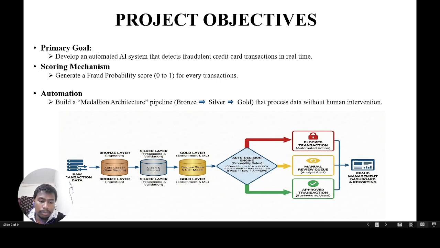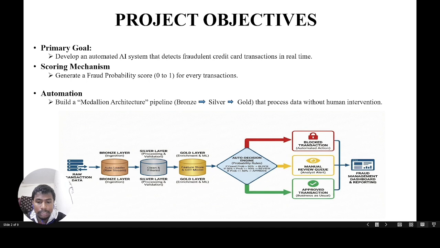The probability score also classifies the transactions into three categories. The first is blocked transactions, the second is manual review, and the third is approved transactions. If the probability score is greater than 90%, then the transaction is blocked at that time.